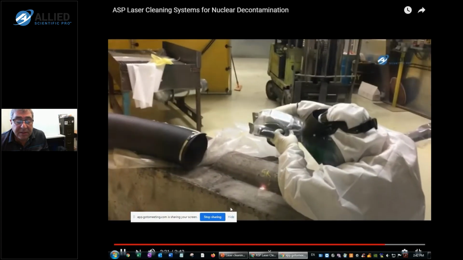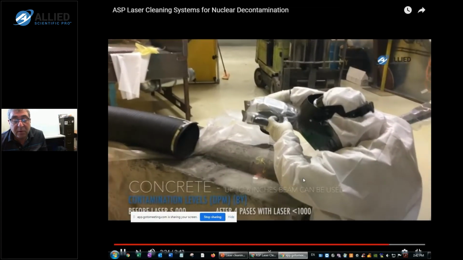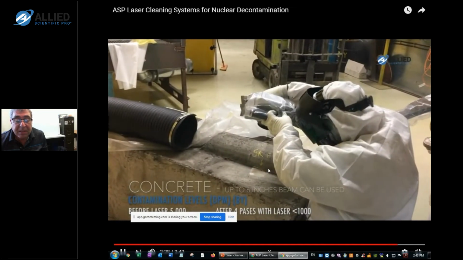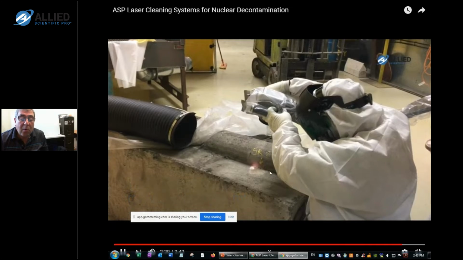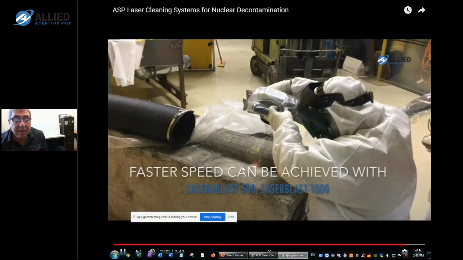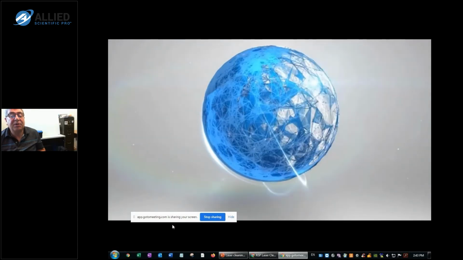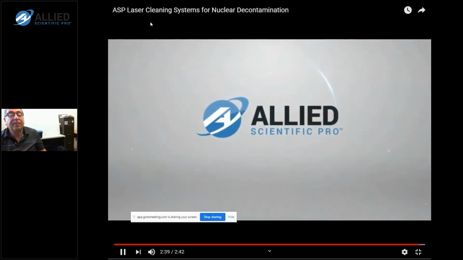And finally, there's a concrete block, which was the most difficult one. That's why it has a small beam, because there are all kinds of pore structure. So there are all kinds of porous structures, which makes it more difficult to clean.